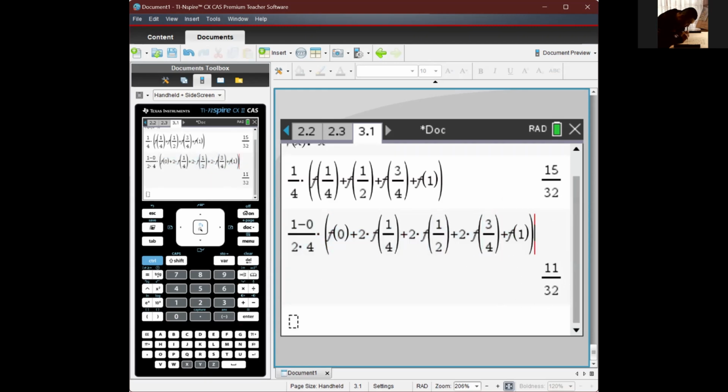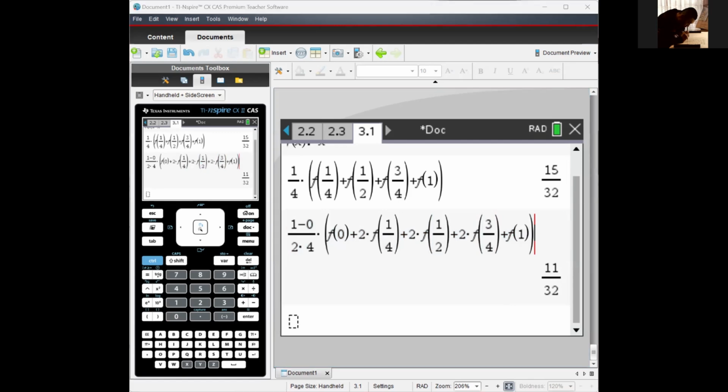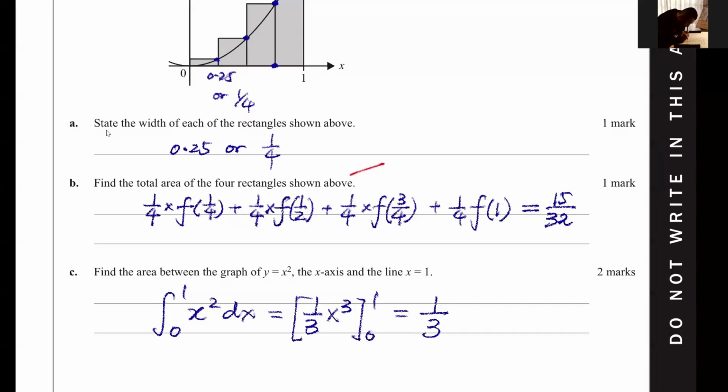Hypothetically, okay? An annotation here could be further modified. Trapezium estimate.